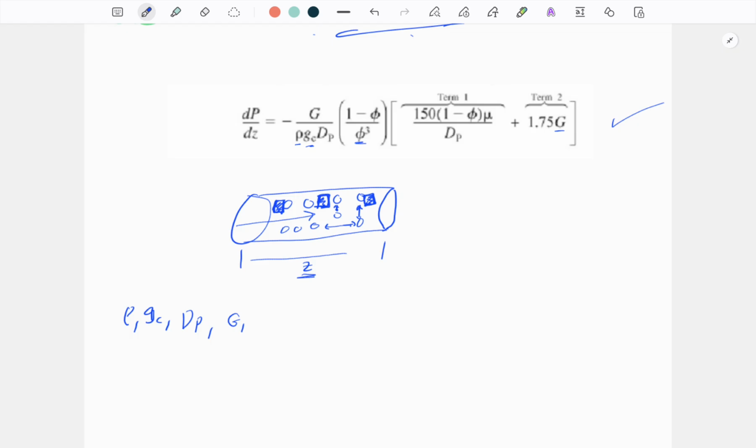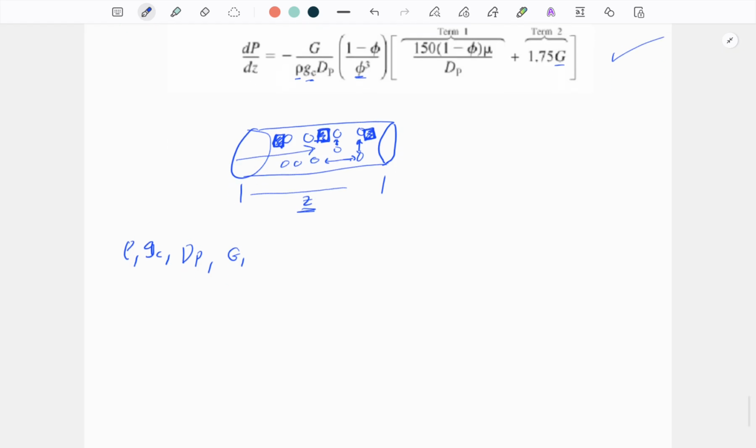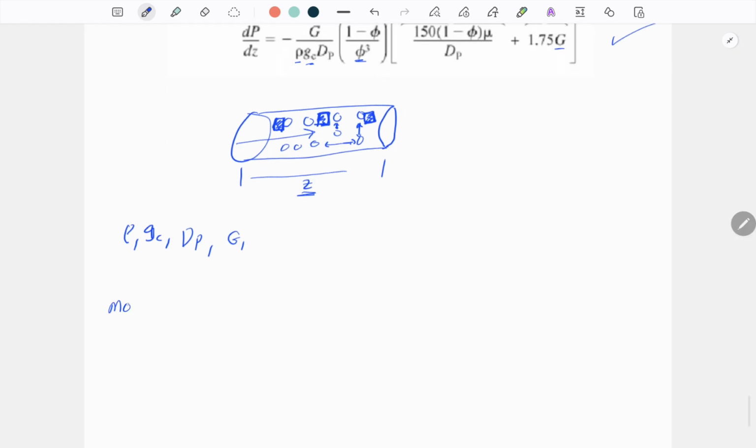Now for this class, we'll first cover the material balance of a packed bed reactor. I believe we've done that in a previous class, but the derivation was done in terms of a liquid phase, where we used this equation here for the concentration.